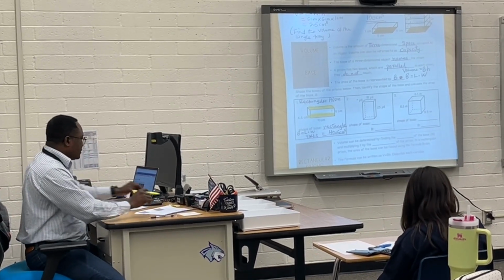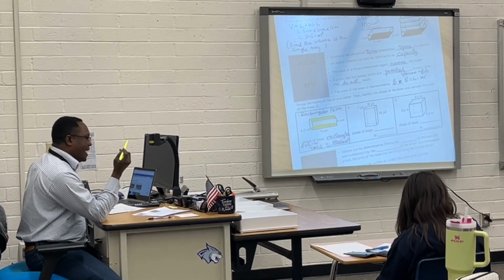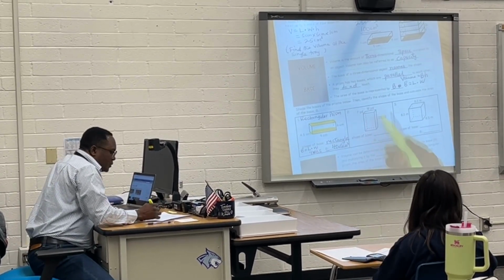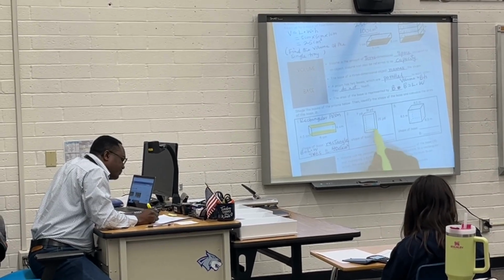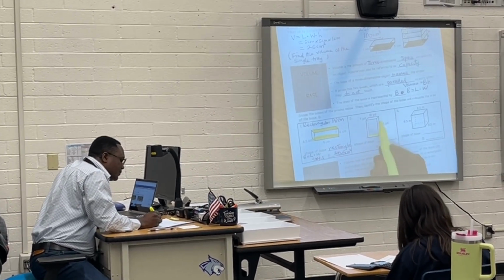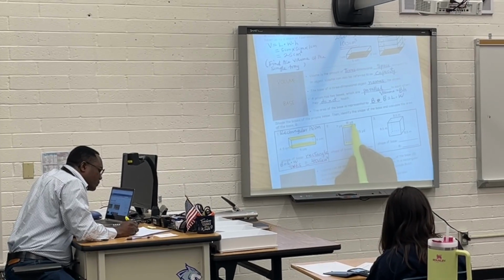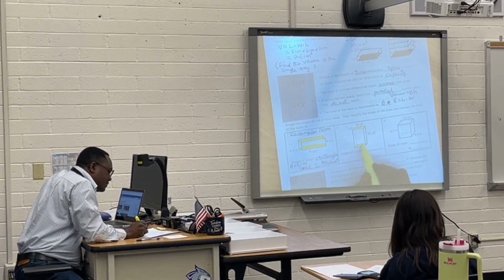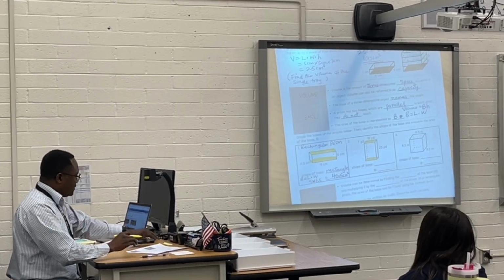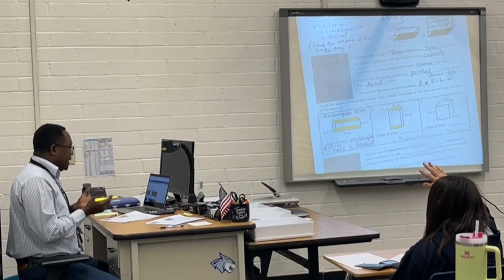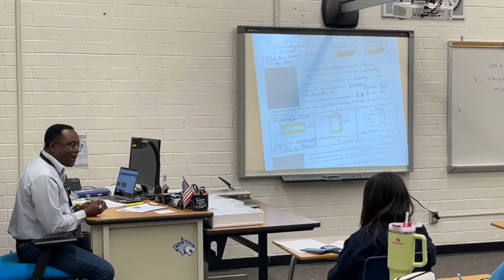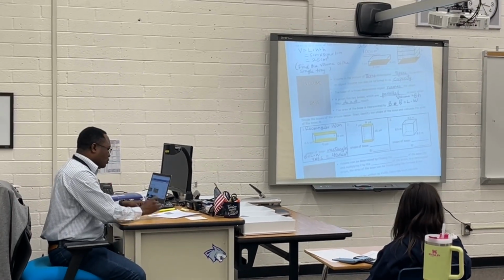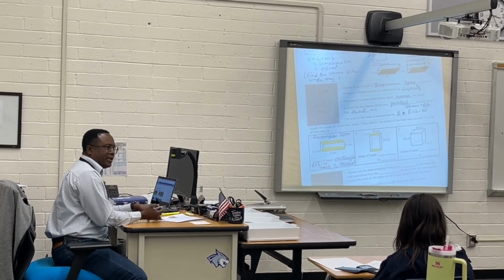Okay, so also pick your highlighter and highlight the base and tell me the shape. Have you done that? Who has finished? So what shape did you get? Yes, it's a rectangle.